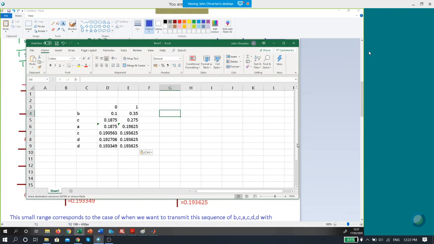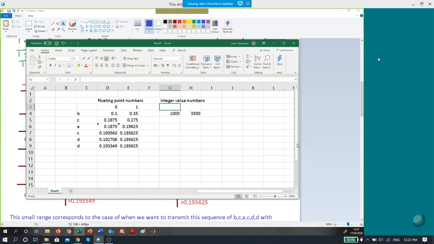So let's multiply it by 10,000. Multiply by that one, and then the same for that one. So these are the floating point numbers. These are the integer value numbers.